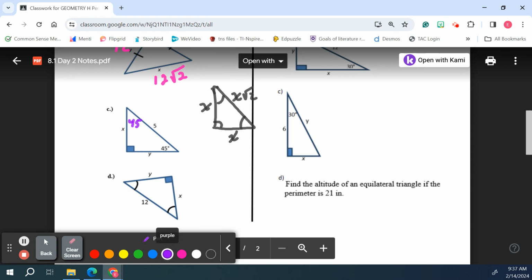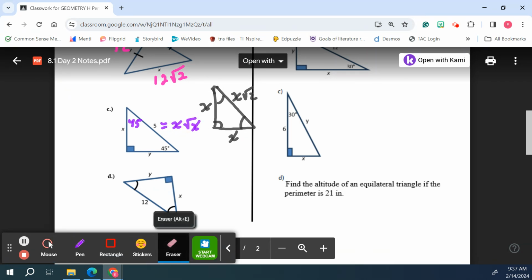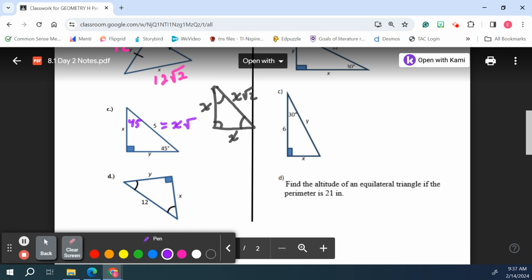So I'm going to take this 5 and set it equal to x times the square root of 2. What do I do to get x by itself?